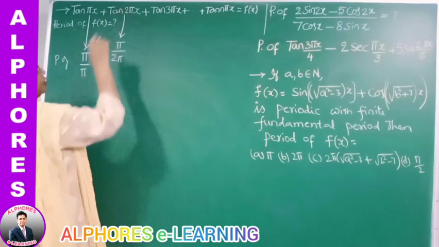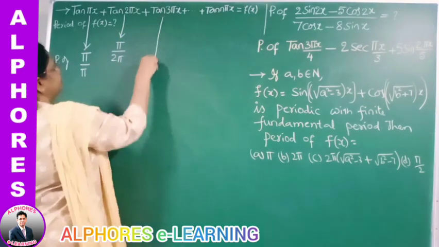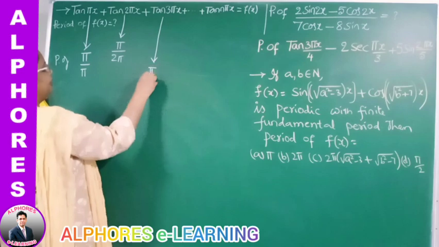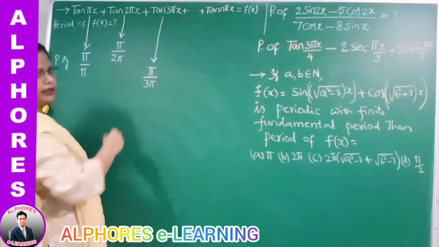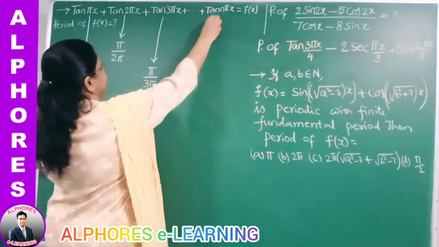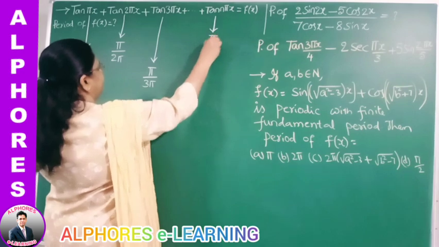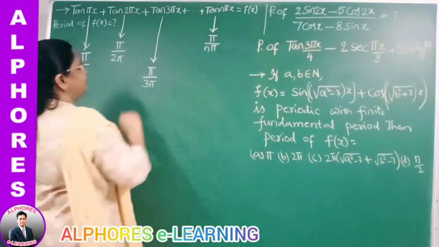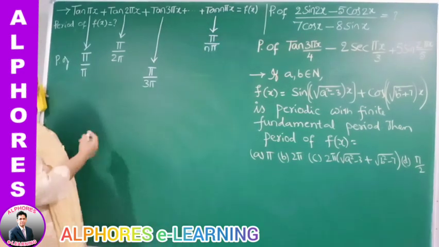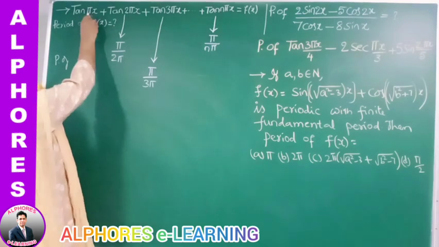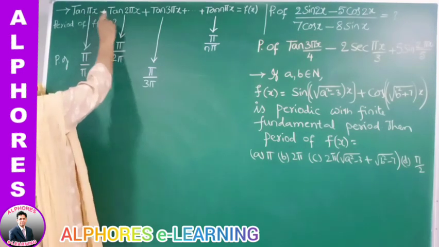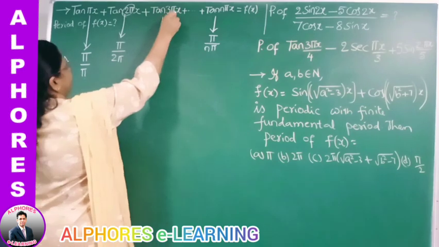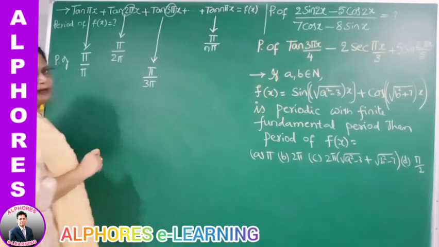And for this function it is pi divided by 3 pi. In this way, up to pi divided by n pi, based on the formula for f of ax plus b, where the coefficient of x is pi, 2 pi, 3 pi, up to n pi.